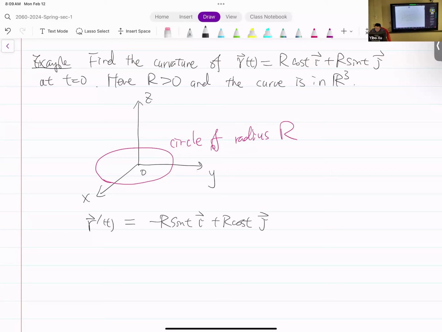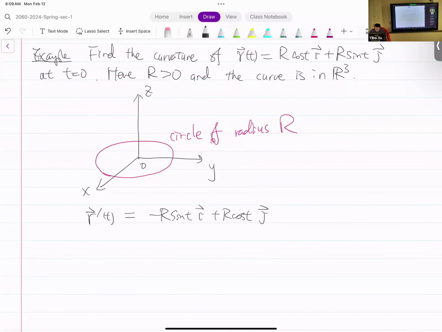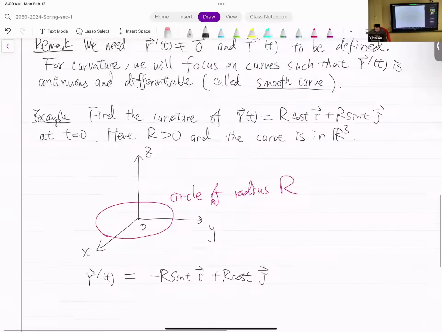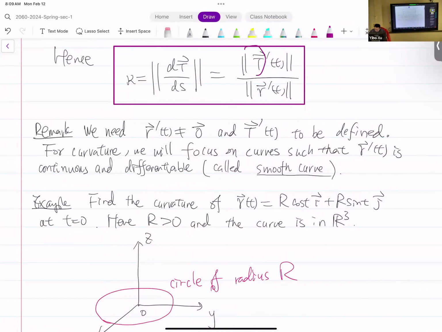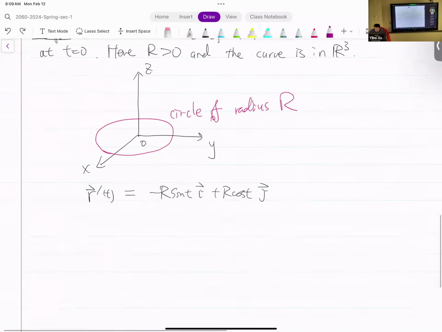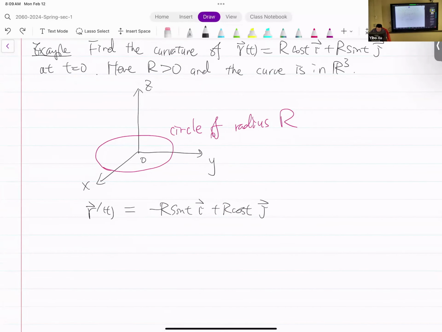And then for cap T, let's quickly look at the formula. Cap T is the normalized vector, the unit tangent direction. So we want to calculate the magnitude of little r prime, and then do the division.